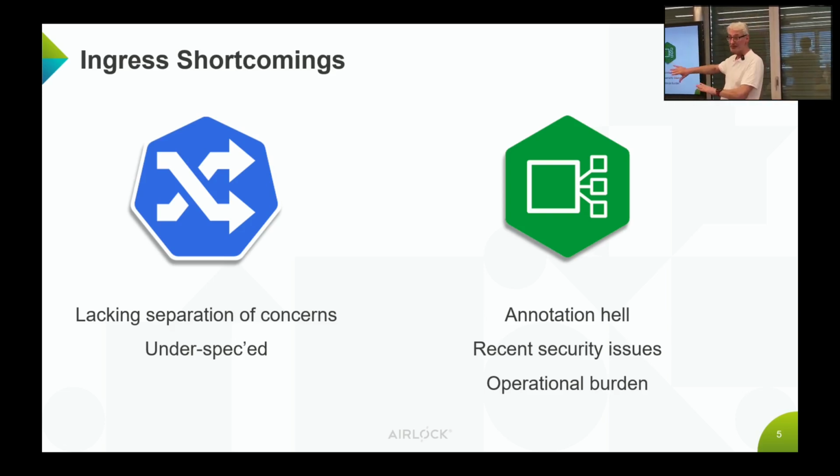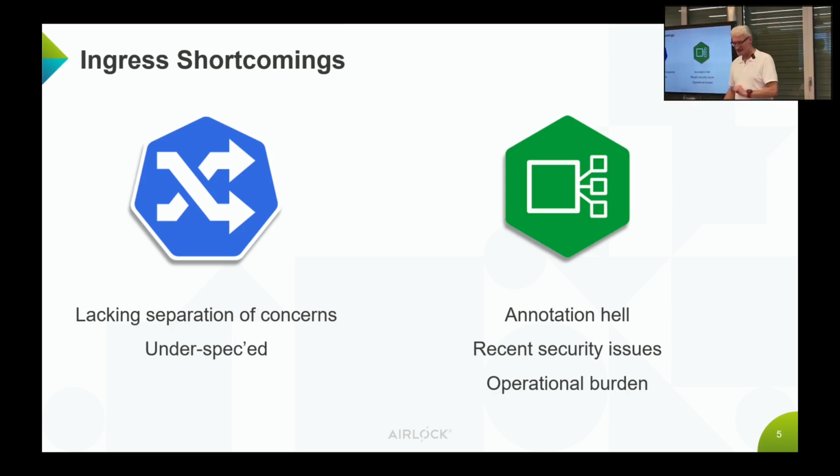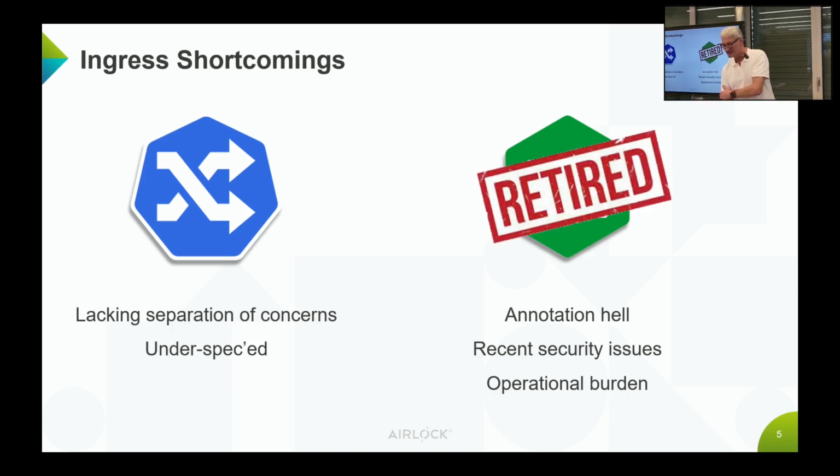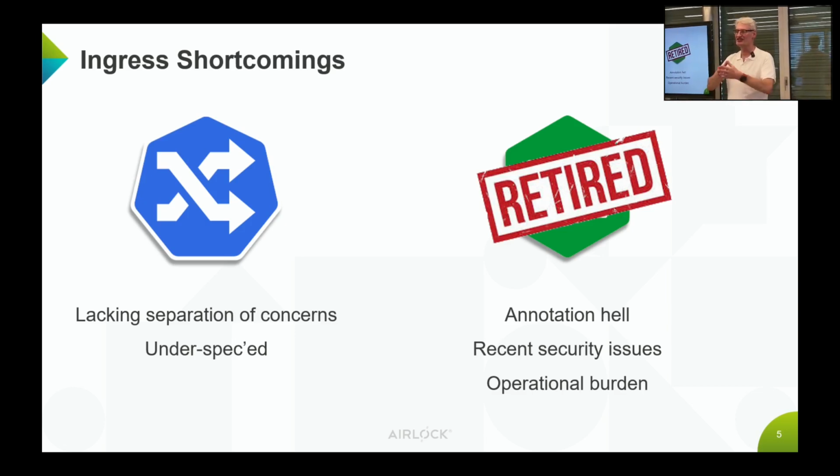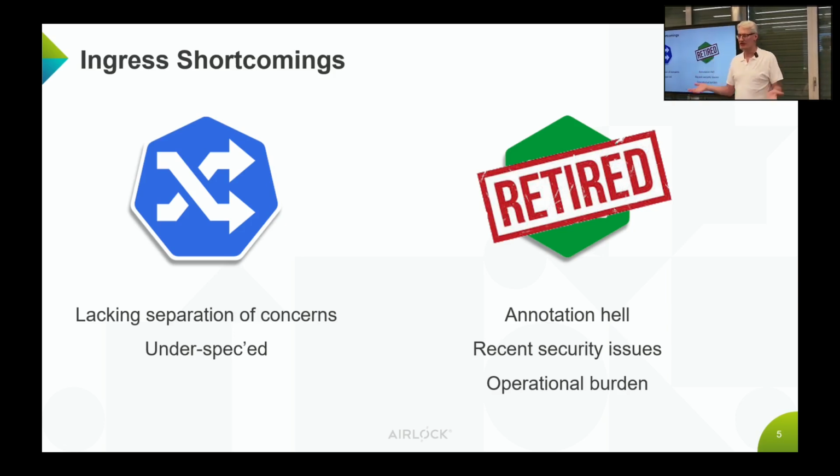Obviously there are other implementations which may be better, etc. Anyway, due to this, the Ingress-NGINX implementation is actually retired. I think in the next few days that's going to happen. Retired means there are no more patches. There is no more development on that.